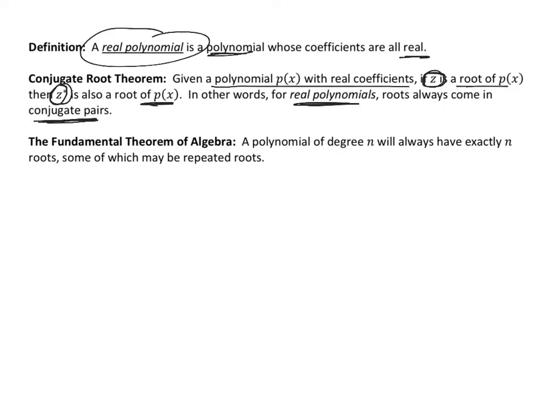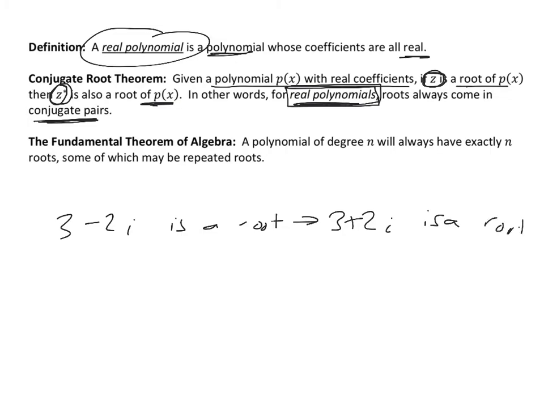Now remember, this only applies to real polynomials, but when you have a real polynomial, it means that if 3 minus 2i is a root, then immediately you'll know that 3 plus 2i is a root. Keep in mind, this is only for real polynomials. Okay?